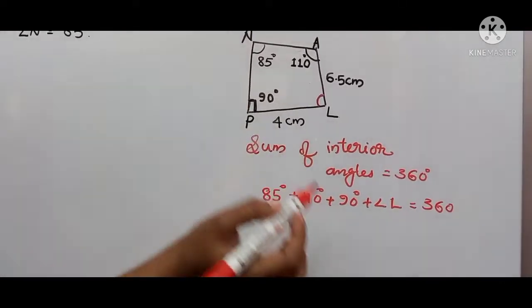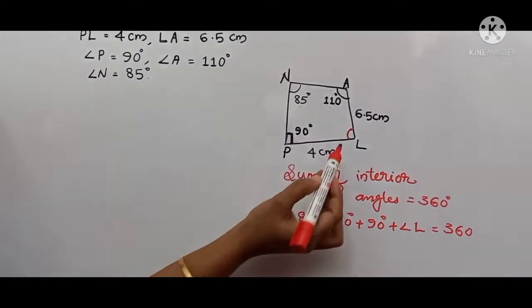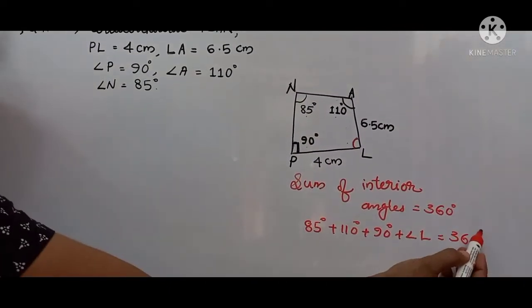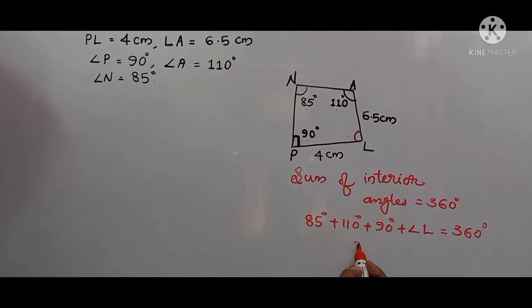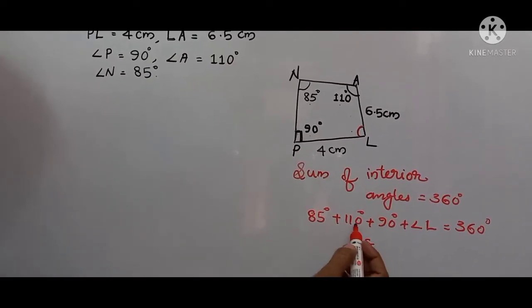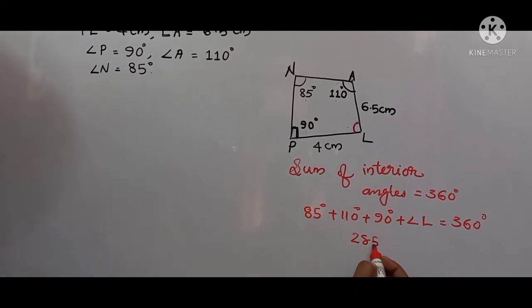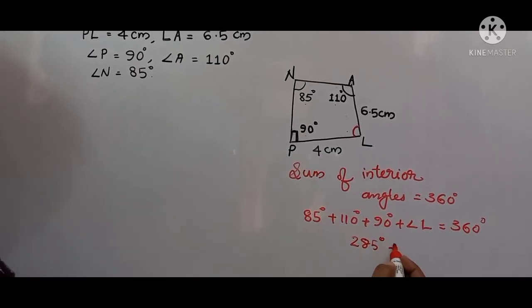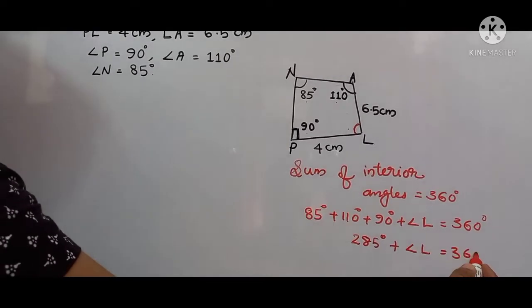Adding 85, 110, 90, we get 285 degree plus angle L is equal to 360 degree.